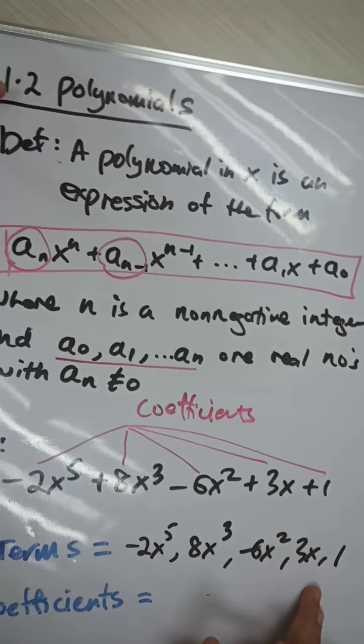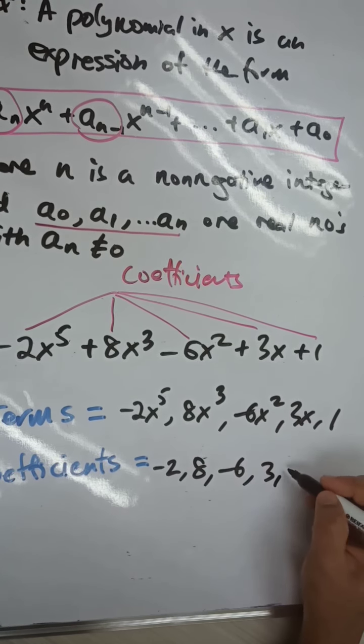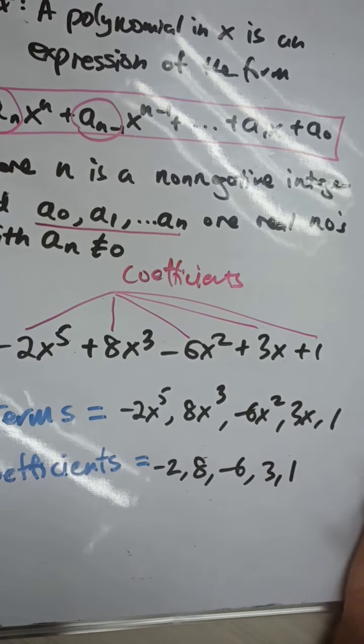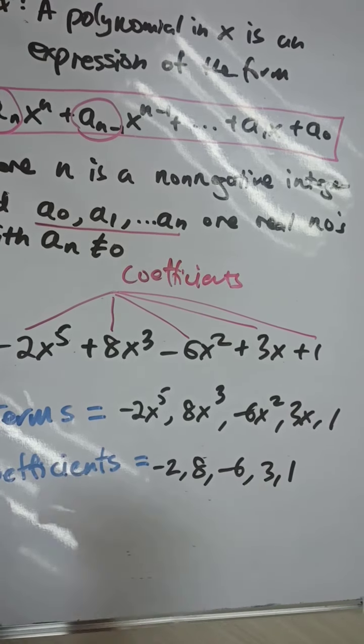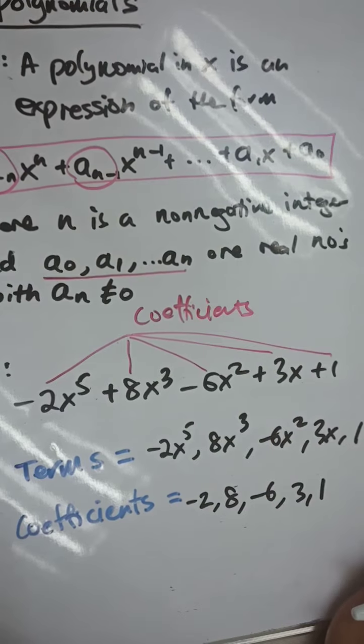The coefficient means the number in front of the x. So negative 2, 8, negative 6, 3, and also, if I'm not mistaken, the number 1 is also considered a coefficient.